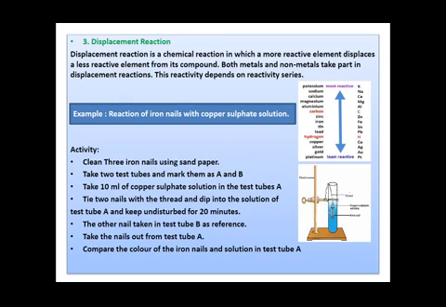After 20 minutes, take out iron nails from copper sulfate solution. And now you have to compare the blue color copper sulfate solution of test tube A, that is the original one, and of test tube B. And you also have to compare the color of iron nails dipped in copper sulfate solution and the one which was left as it is.